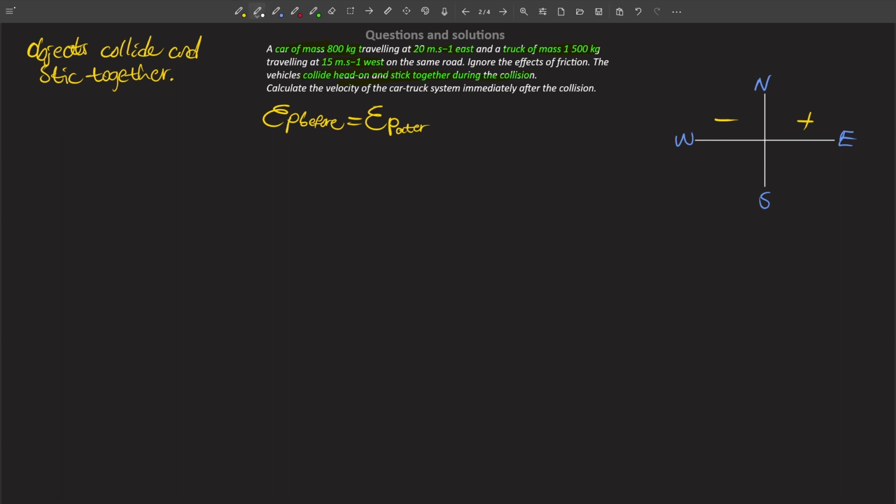So we'll have the mass of the car times the initial velocity of the car plus the mass of the truck times the initial velocity of the truck, equivalent to the mass of the car times the final velocity of the car plus the mass of the truck times the final velocity of the truck.